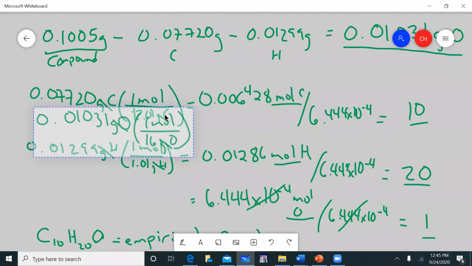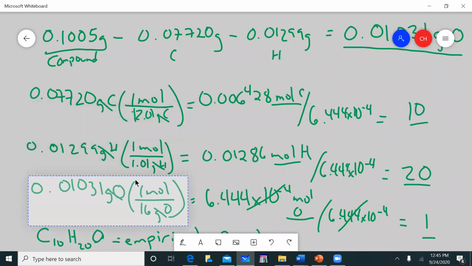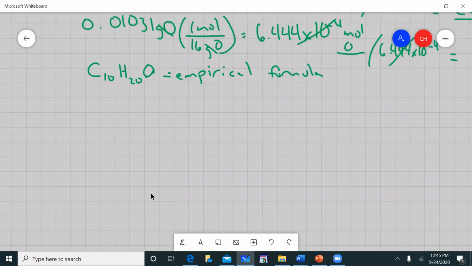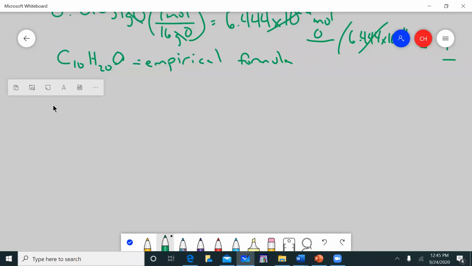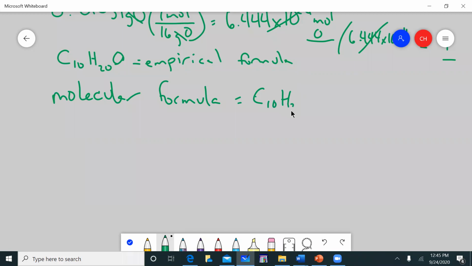In order to calculate our molecular formula, go back over there. The molecular formula is going to be my empirical formula, which is C10H20O times some multiplier N. We need to calculate N. So N is going to be your molecular over your empirical.